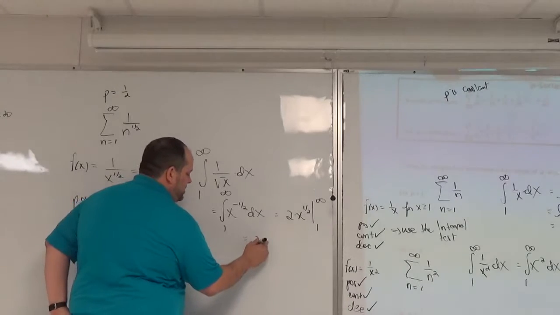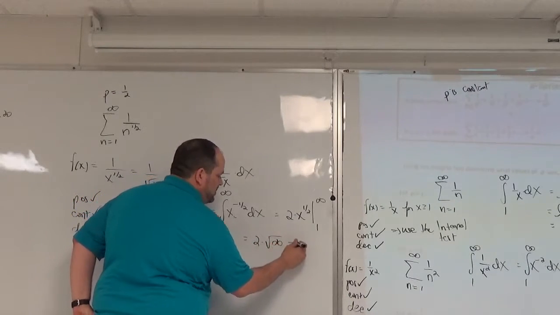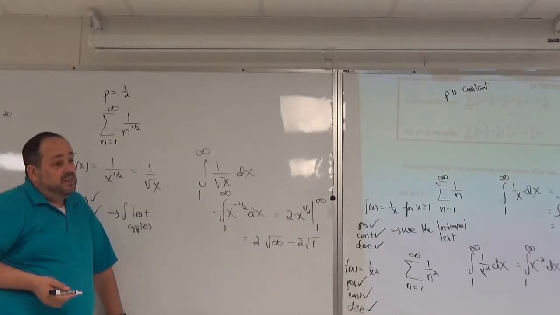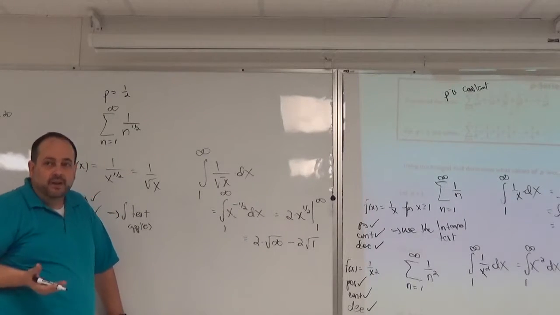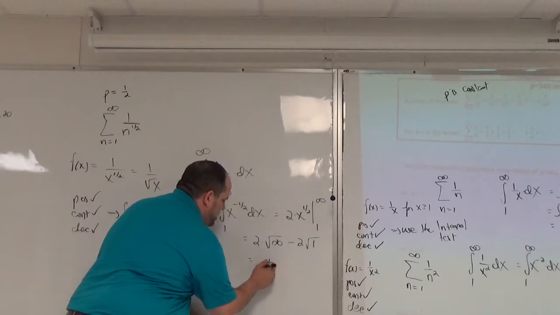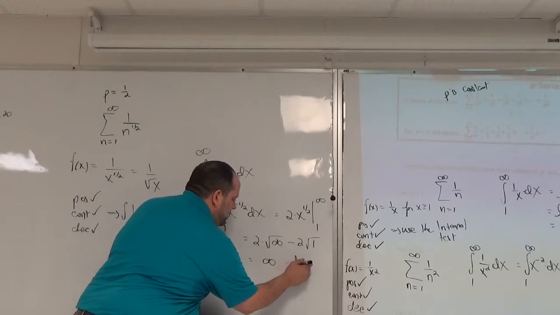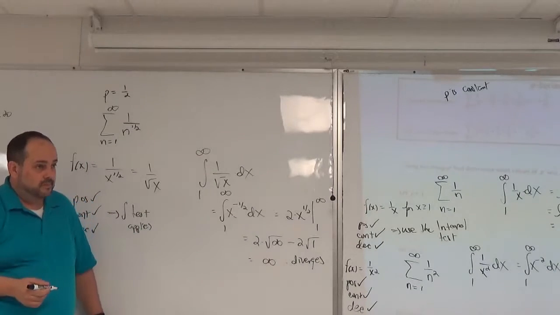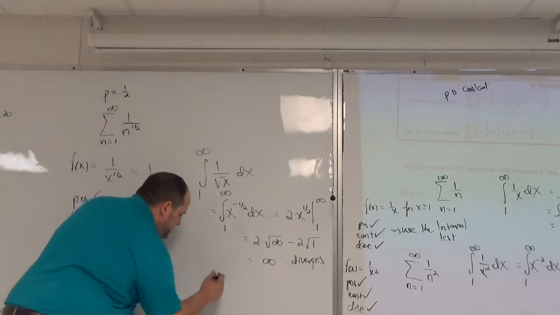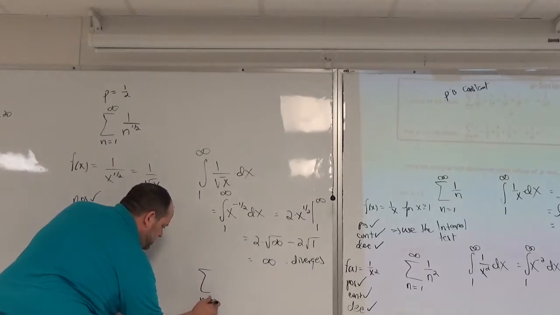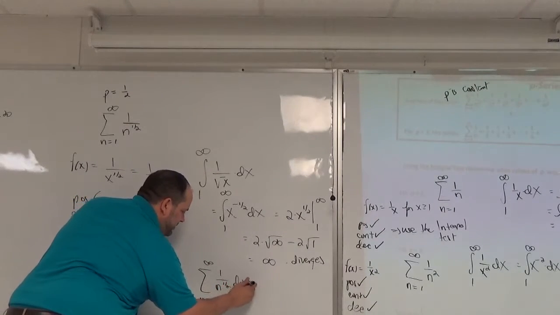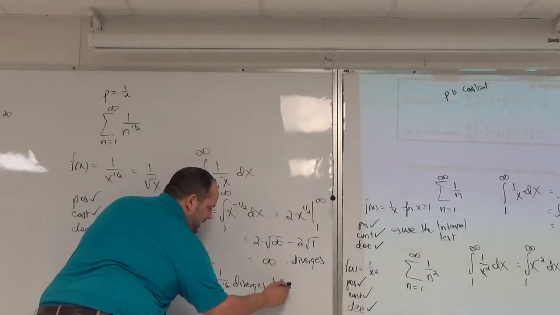Plug in infinity, you're going to have 2 times square root of infinity minus 2 times the square root of 1. Square root of infinity, you guessed it, infinity. Diverges, your conclusion. The series, this guy over here, 1 over n to the 1/2, diverges by the integral test.